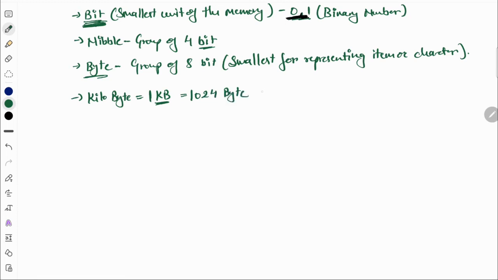If we want to convert into bits, 1024 into 8. In 1 byte, 8 bits are available. So 1024 bytes into 8, that's the bits.